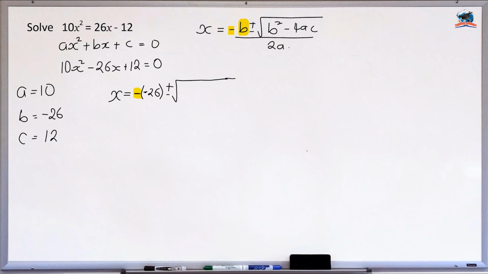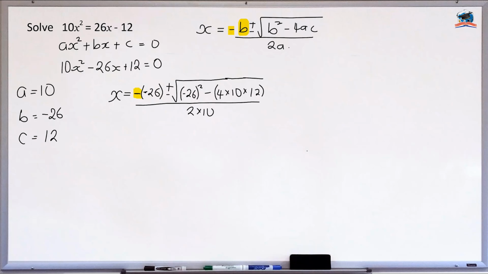We have b squared, that's minus 26 squared, then a subtraction sign, an open bracket, 4 multiplied by a, which is 10, and then multiplied by c, which is 12. We close the bracket, and everything will be all over 2 times a, which is 10.